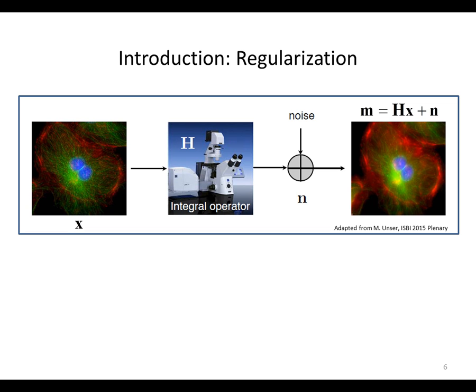Now, I mentioned that the image reconstruction problem was ill-posed. And in a way, it's similar to this deconvolution problem that I'm illustrating here. We start out with an image of our fluorophore distribution. A measurement system limits the information that we're able to acquire about it.